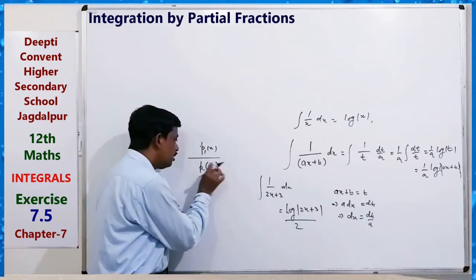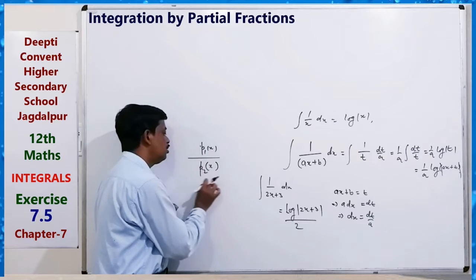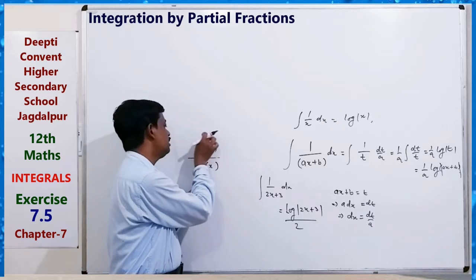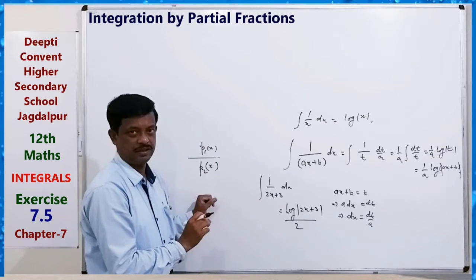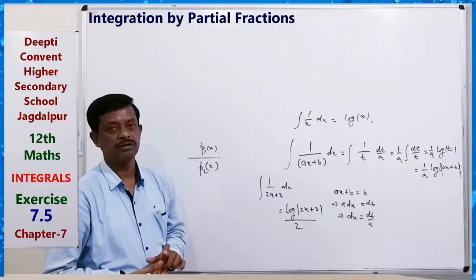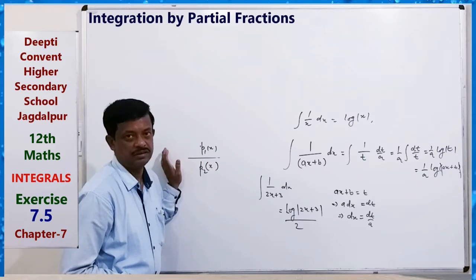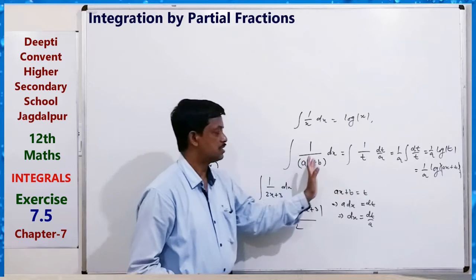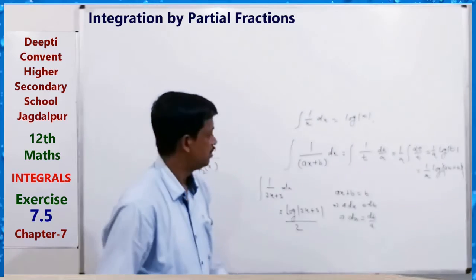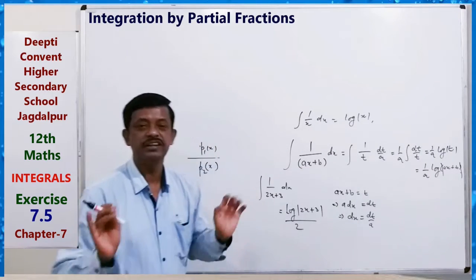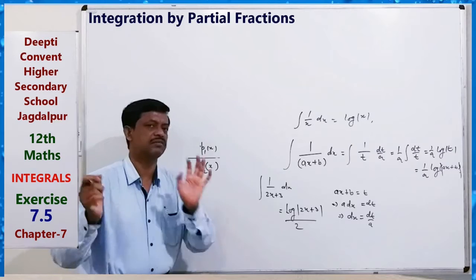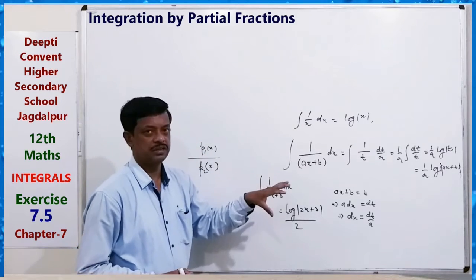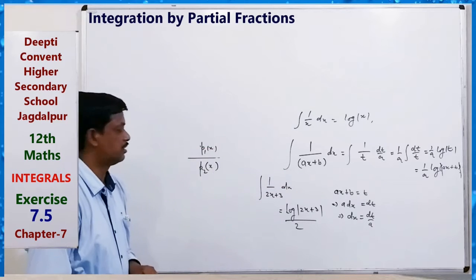If the degree of the polynomial in the denominator is greater than the degree of the polynomial in the numerator, then this is called a proper fraction. And a proper fraction can be expressed as a sum of 1 upon a linear factor, 1 upon maybe a second degree factor, by doing some process that is called partial fraction.